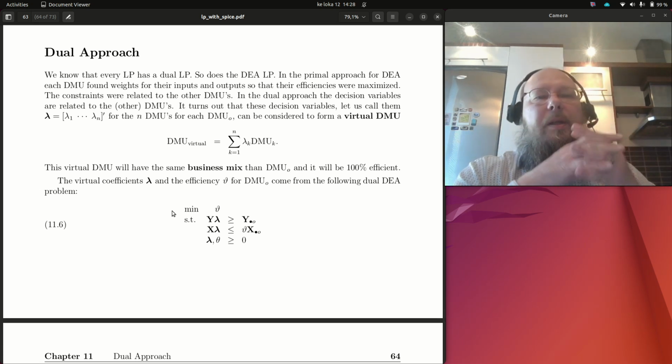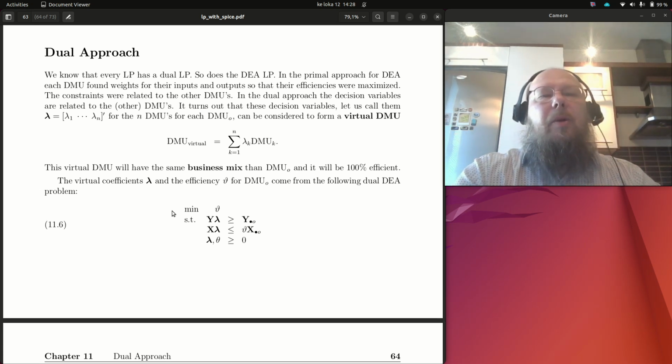Let's try to understand this a little bit. We want to minimize theta, so there is no other objective function here; theta is only given here. If I look at the lambdas, y times lambda produces a virtual DMU where I take lambda k of each output. So the virtual DMU's output is y lambda.